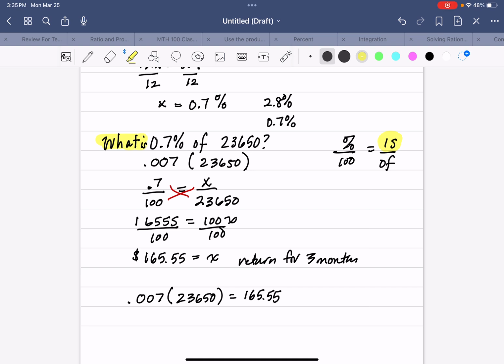It doesn't work when the of portion of the proportion is missing. So you've got to be really careful and not take too many shortcuts. This method, percent over 100 equals is over of, works every time as long as you make sure the number after of goes on the bottom, and the percent, without changing any decimals or anything, goes over 100.